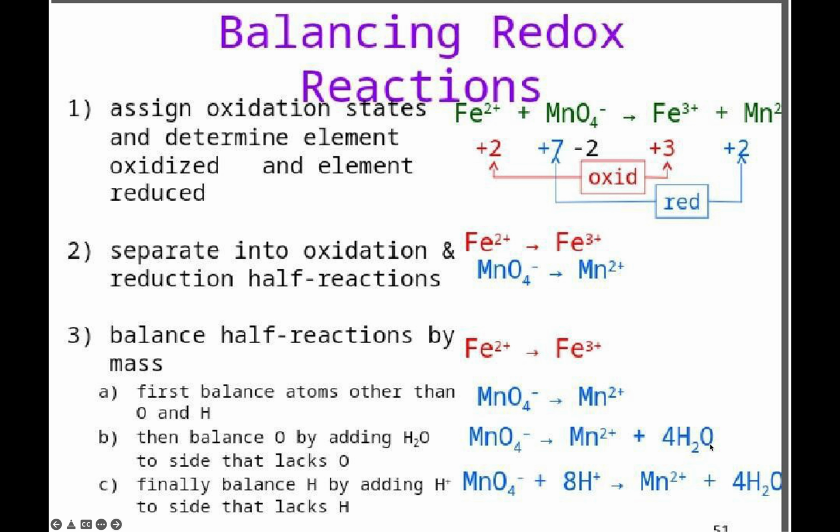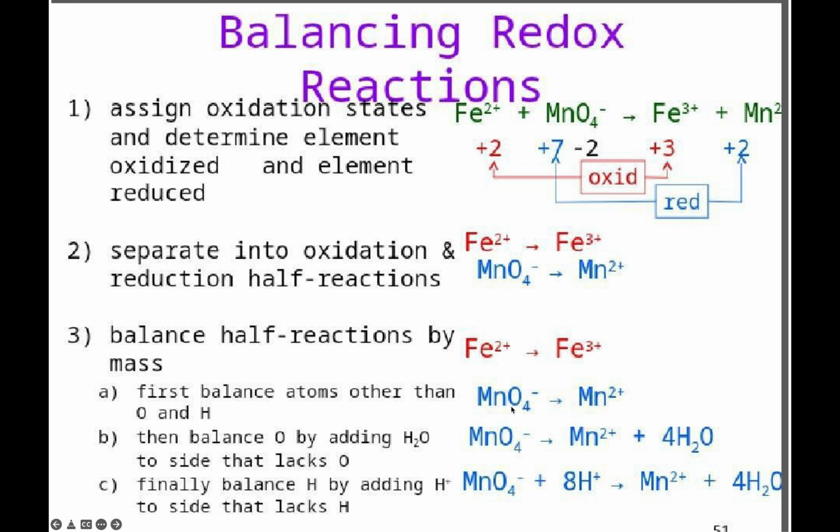Now the next step is to balance hydrogen. What will you do for balancing hydrogen? You add H+ to the side which lacks hydrogen. So this side doesn't have hydrogen. See how many hydrogen atoms are there? 4 2s are 8. So 8 H+ should be added to the left side because this side doesn't have hydrogen.